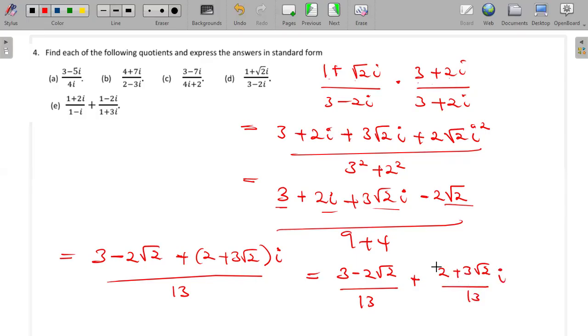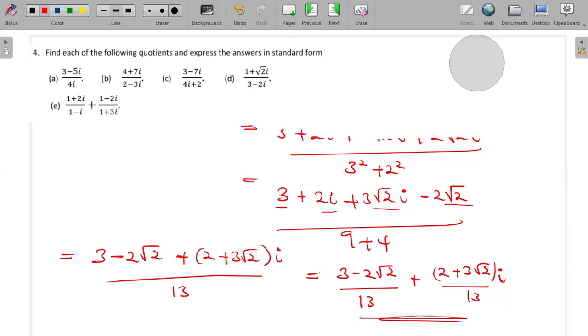So you can put it like that, or just put the i there. So this here is our standard form. Okay, let's do the last one, which is E.